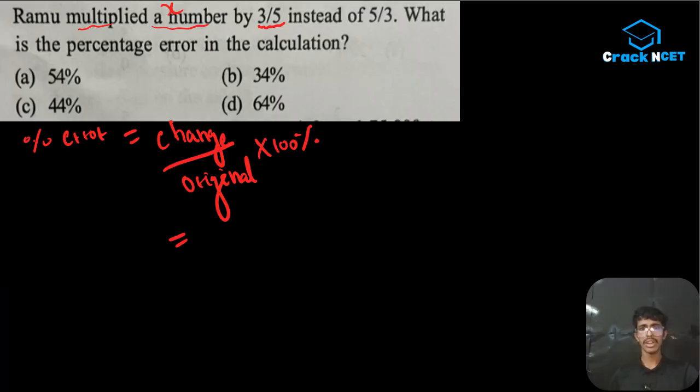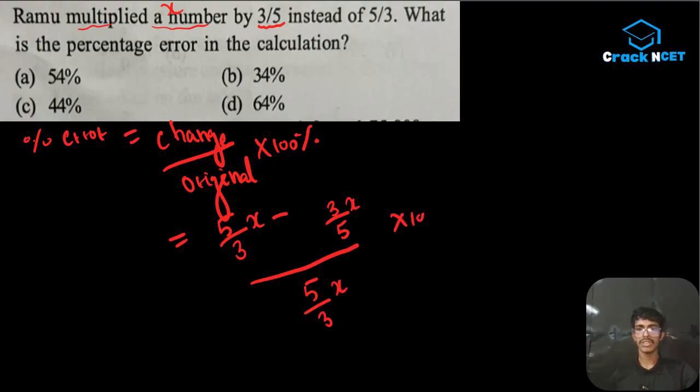So what is the change? Now multiply a number by 3 by 5 instead of this: 5 by 3x minus 3 by 5x, divided by the original, which is 5 by 3x, into 100 percentage. So what is the value of this?